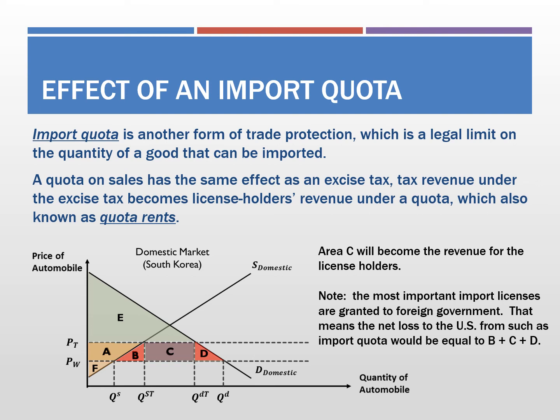Those quota policies work exactly the same way as we discussed in the tariff policy. The only difference is the government can actually control the gap between QST and QDT in the graph, so that they can set the quantity limit. So instead of having 50 car imports, they can set the maximum quantity of imports to 30.